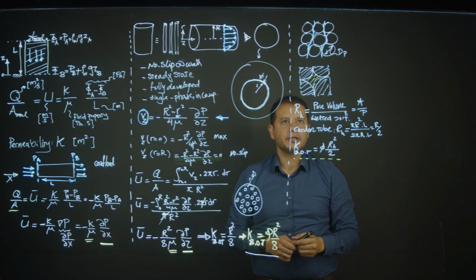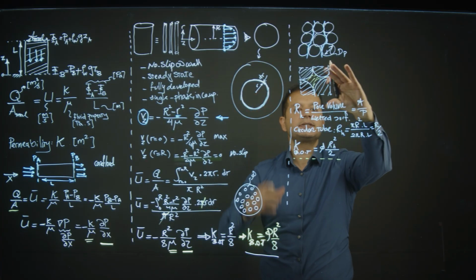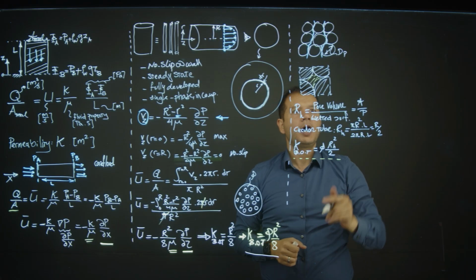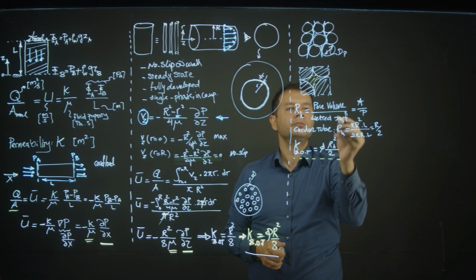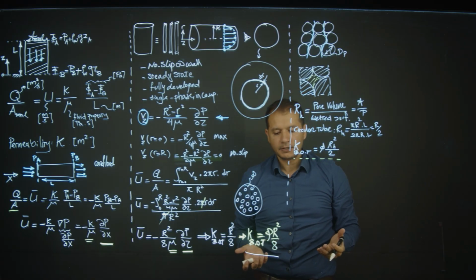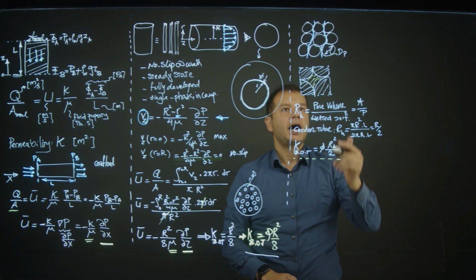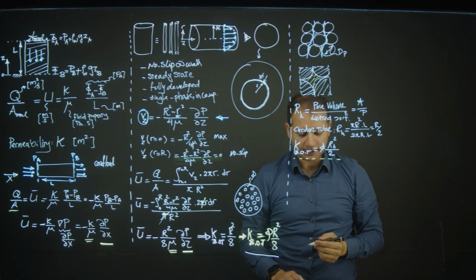Now the main question is, what is the hydraulic radius of this sand pack system? Hydraulic radius for this sand pack is the pore volume divided by wetted surface. So I need to know how many grains I have in this system.